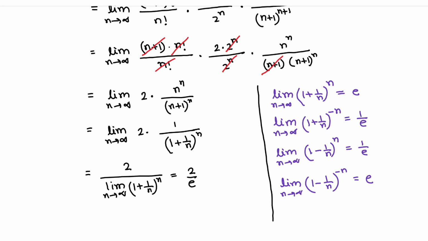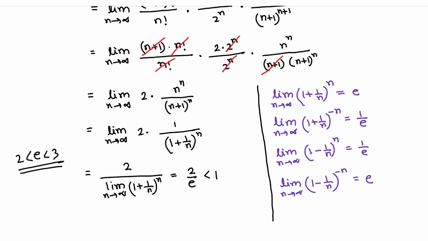Now the question is, is this 2 by e less than 1 or greater than 1? The value of e is greater than 2 and less than 3, yes or no? That means the denominator is greater than the numerator, so obviously in that case this will be less than 1.